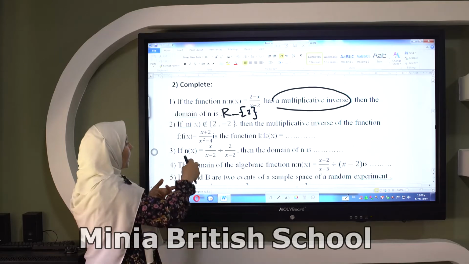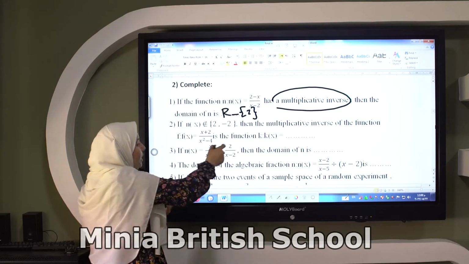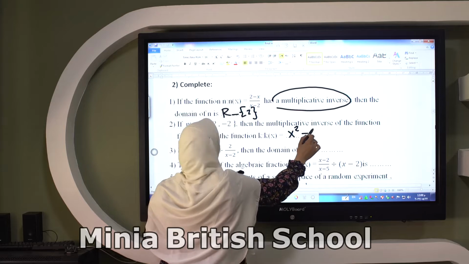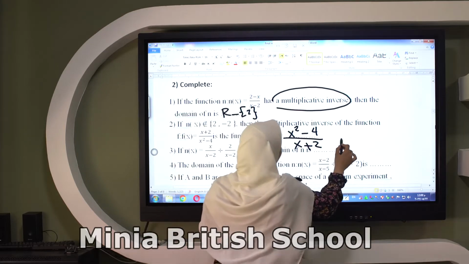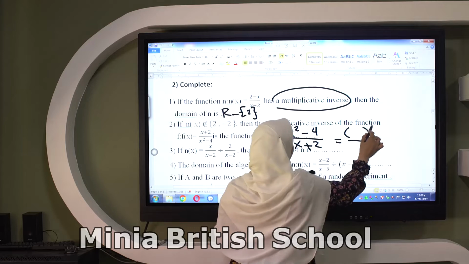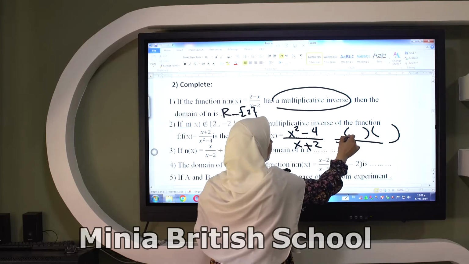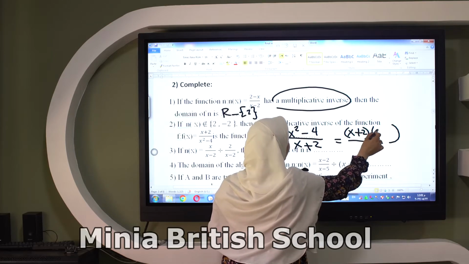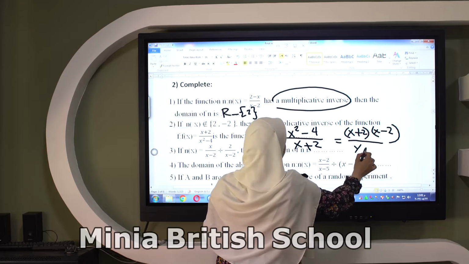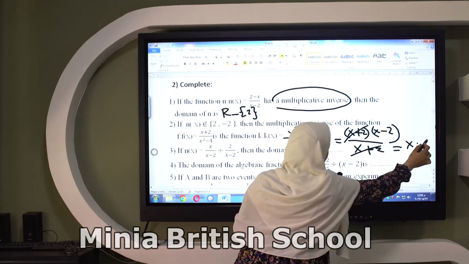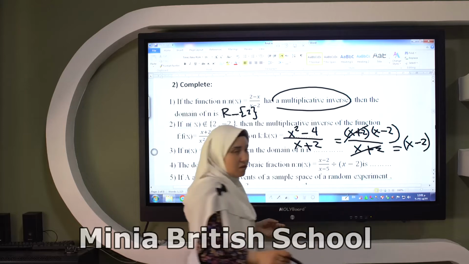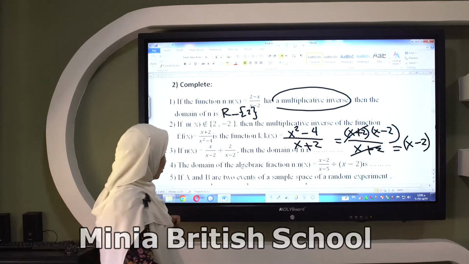So the multiplicative inverse is (x² - 4)/(x + 2). You can factorize the first one into two brackets because it's a difference between two squares: (x - 2)(x + 2) over (x + 2). Then you can simplify, and the answer is x - 2, the multiplicative inverse of this function.